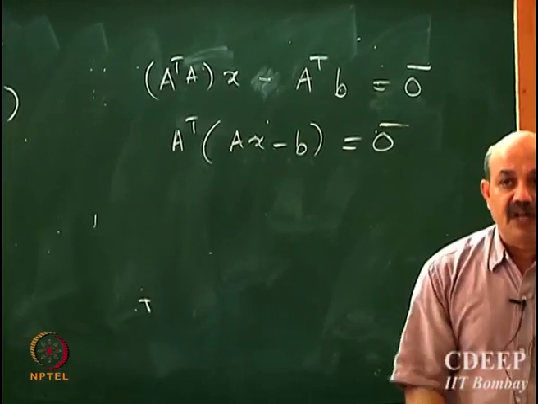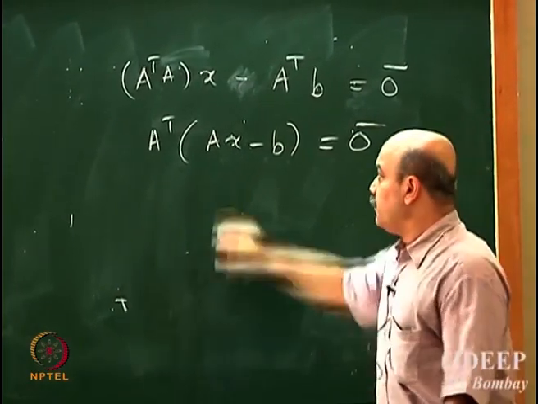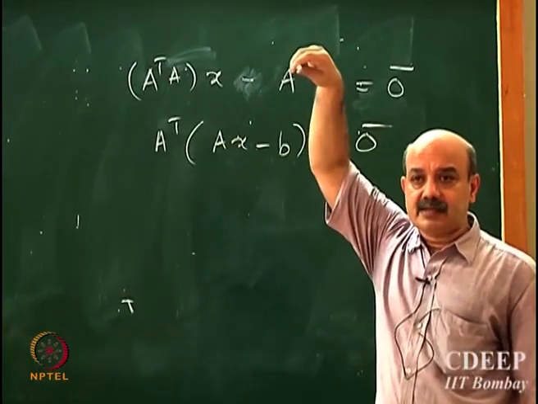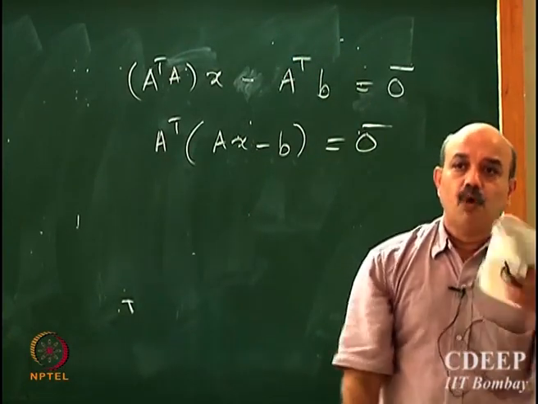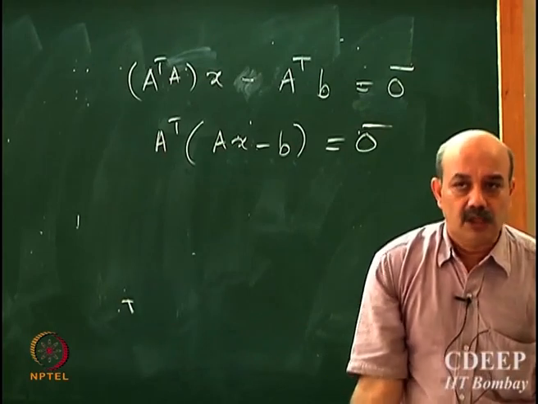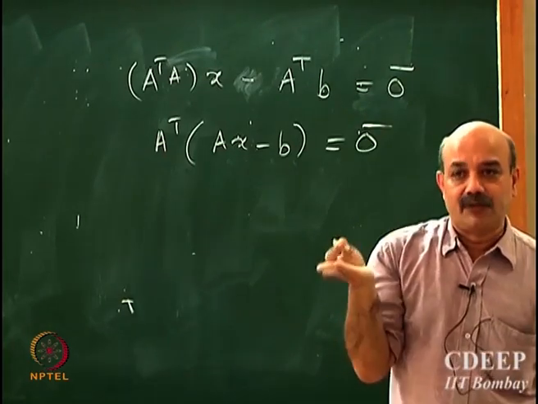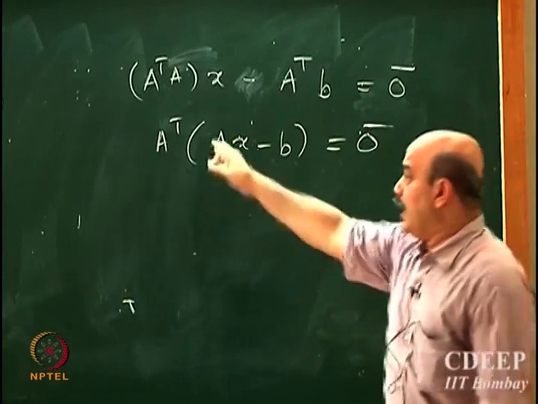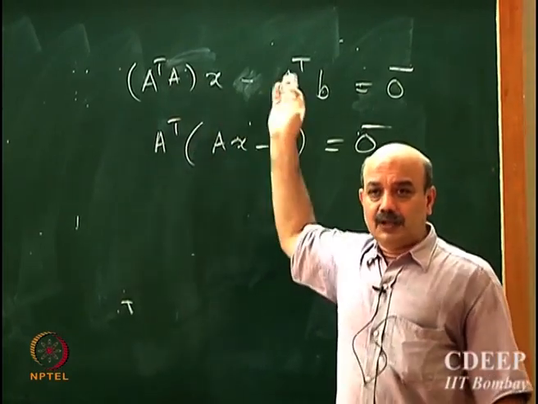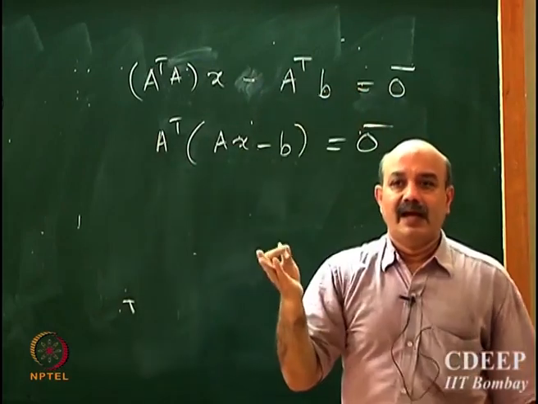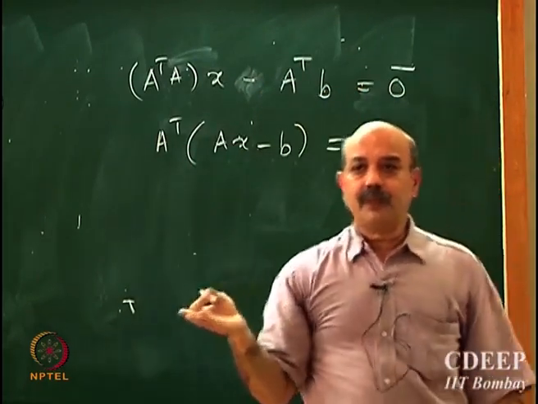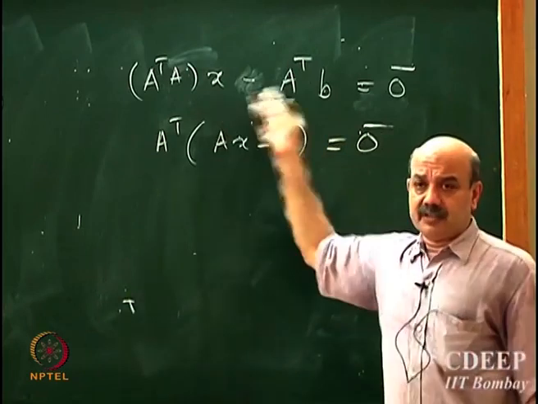In the situation where A is a tall matrix, which means A is a non-square matrix with more rows than columns, you will get the least square solution. When A is a square, invertible matrix, this will give you the exact solution.